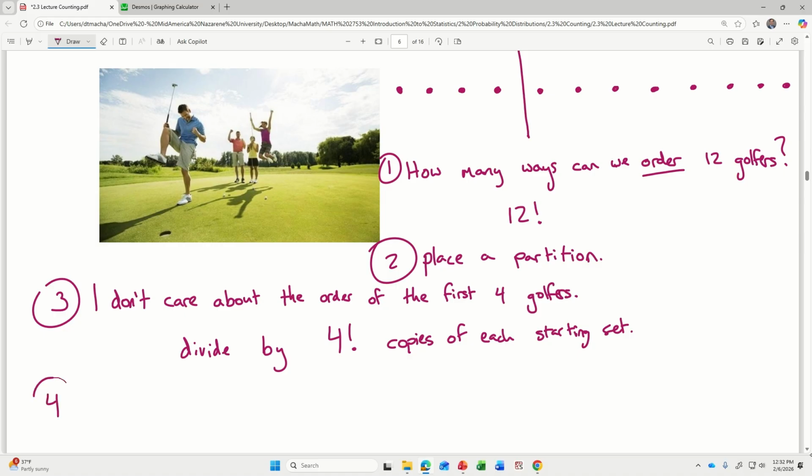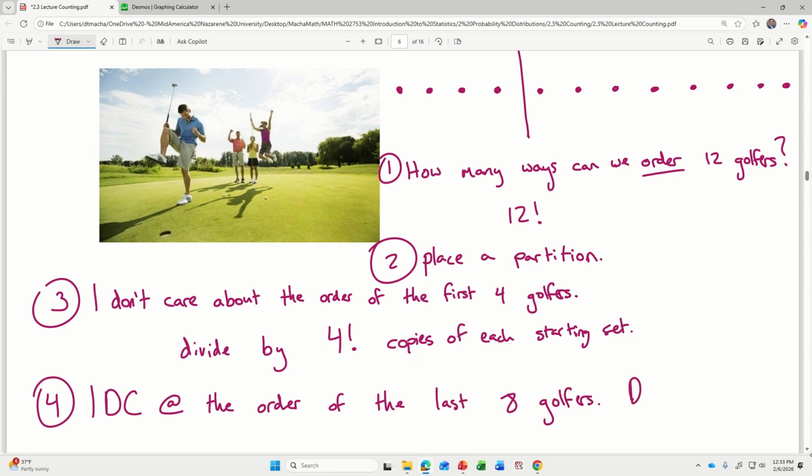Step number 4, and this is the last part, I don't care about the order of the last 8 golfers. So then we divide by 8 factorial.